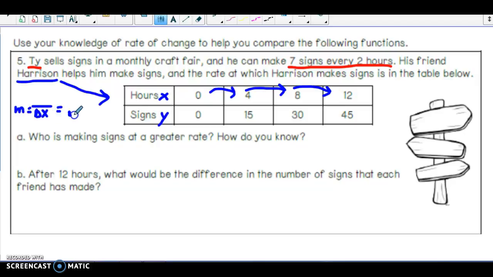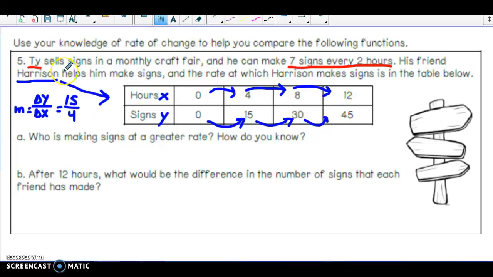You're going to want to now look at the change in the y values. The change in y values will go on the top of our slope fraction. To go from point to point on our y values, you can see that there's an increase of 15. So that means we have a rate of change of 15/4.